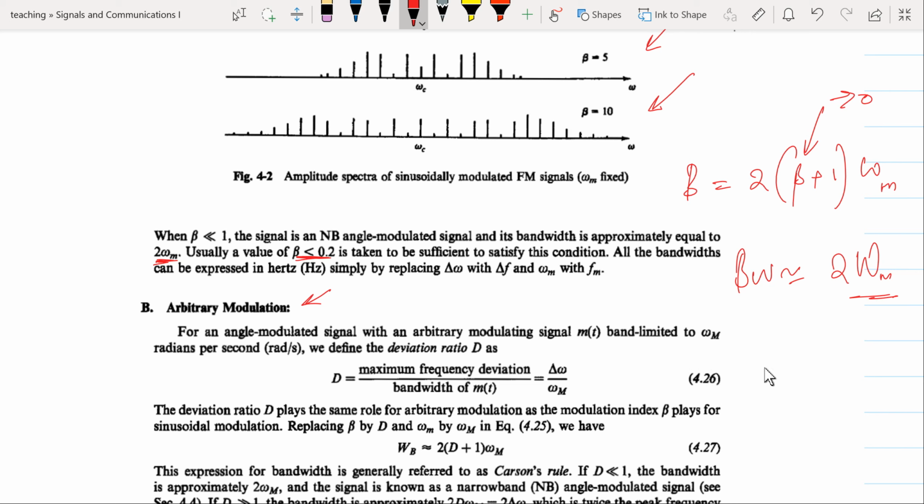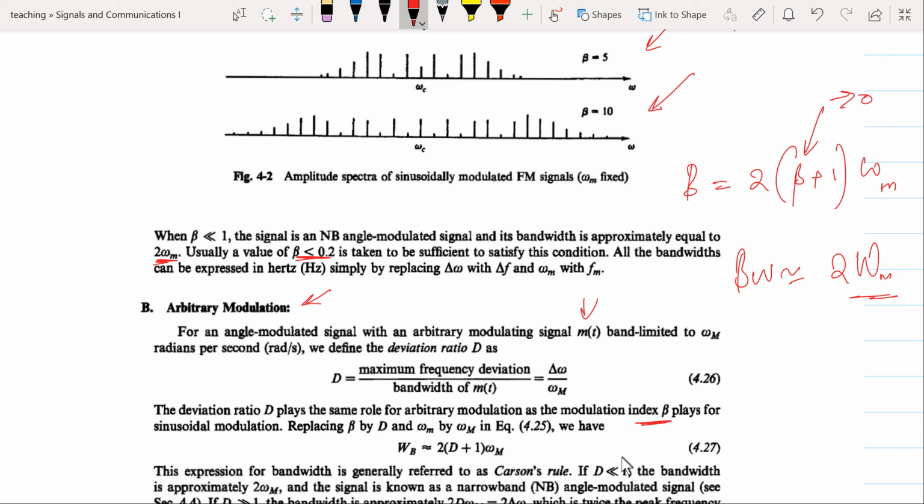For an angle modulated signal with an arbitrary modulating signal m(t) that is band limited to omega m radians per second, we can define the deviation ratio D as the maximum frequency deviation divided by the bandwidth of the message signal m(t), which is omega m. The deviation ratio D plays the same role for an arbitrary modulation as the modulation index beta.